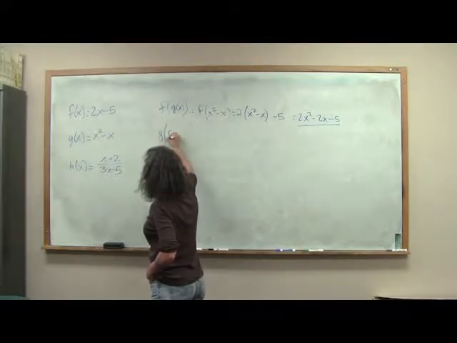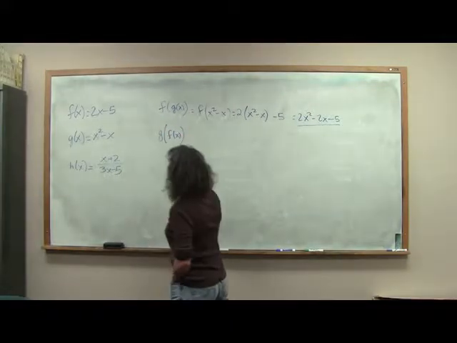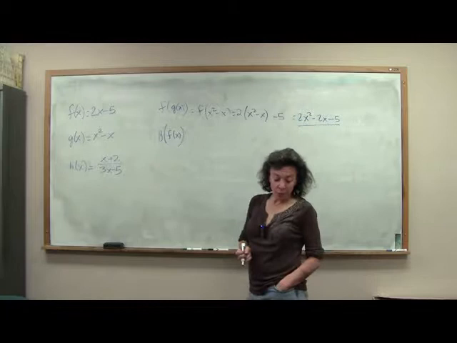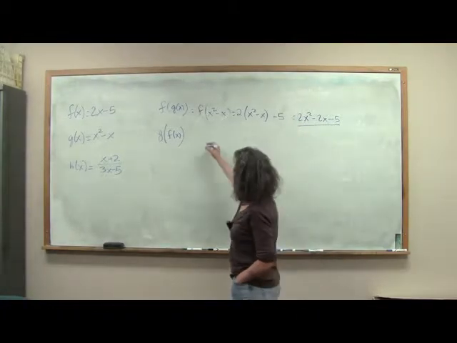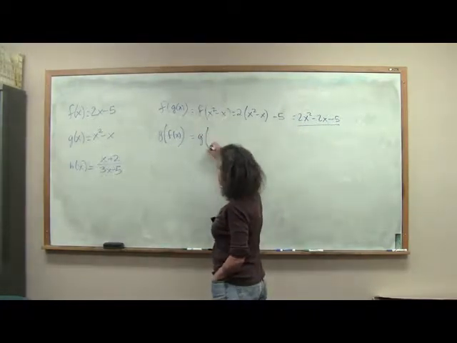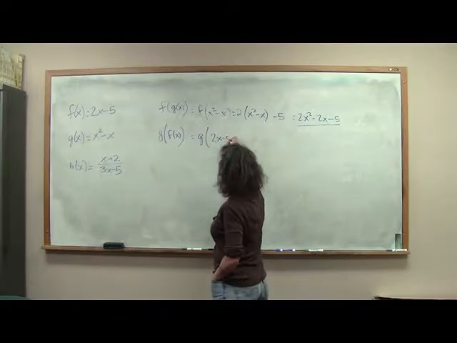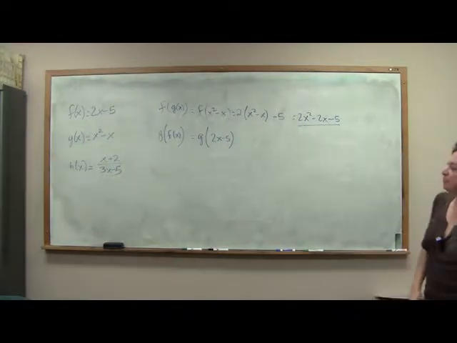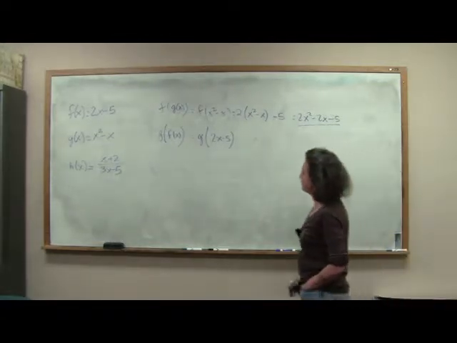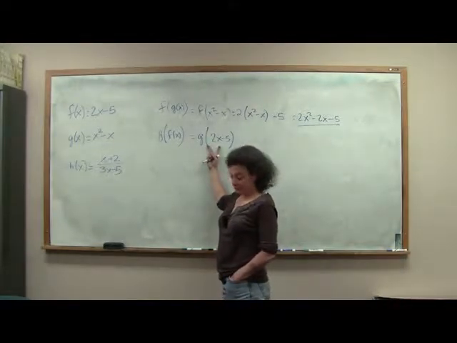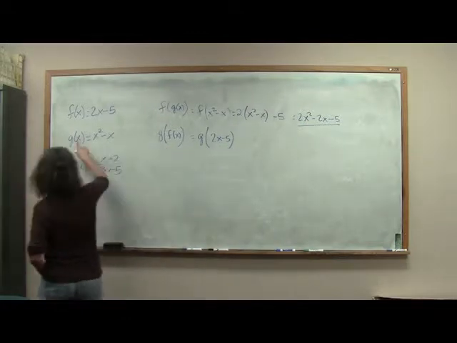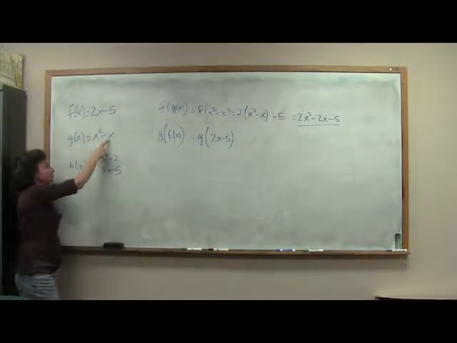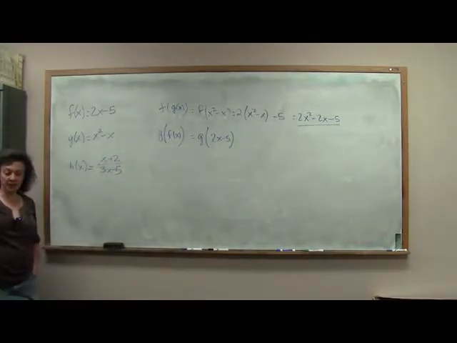Let's look at g of f of x. This is going to be a little more work involved, but we can do it. What is f of x? It's, in this case, 2x minus 5. So what I'd like to do is compute g of 2x minus 5. What does it mean to compute this? It means everywhere I see an x in my function g, I'm going to plug in 2x minus 5.